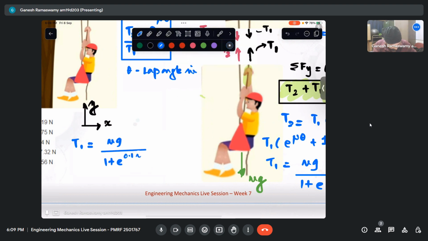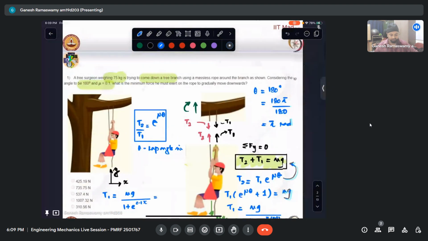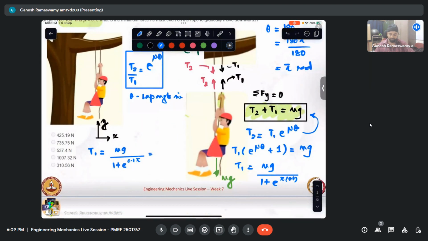So m is 75 kg. So it is 75 into 9.81 divided by 1 plus e power 0.1 pi, which comes to 310.56 Newton. So we have our answer here.